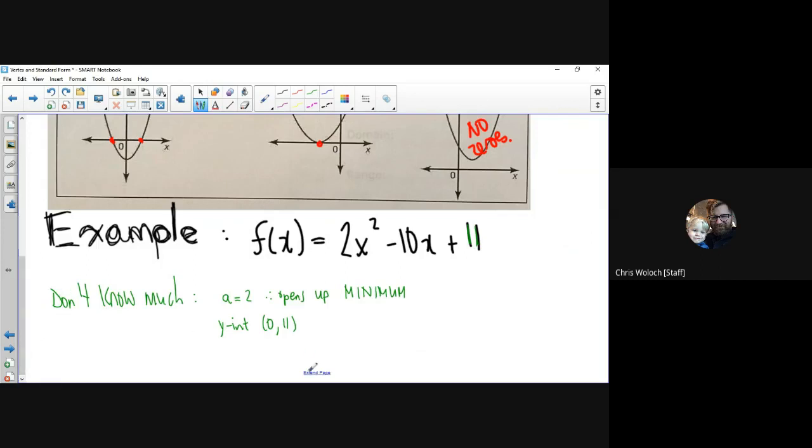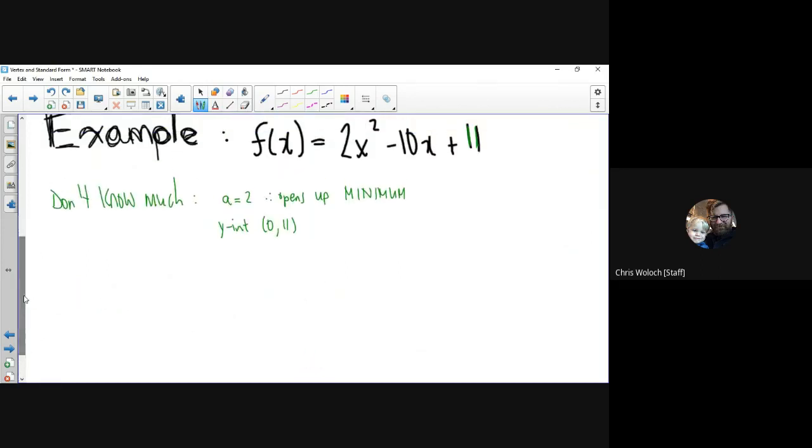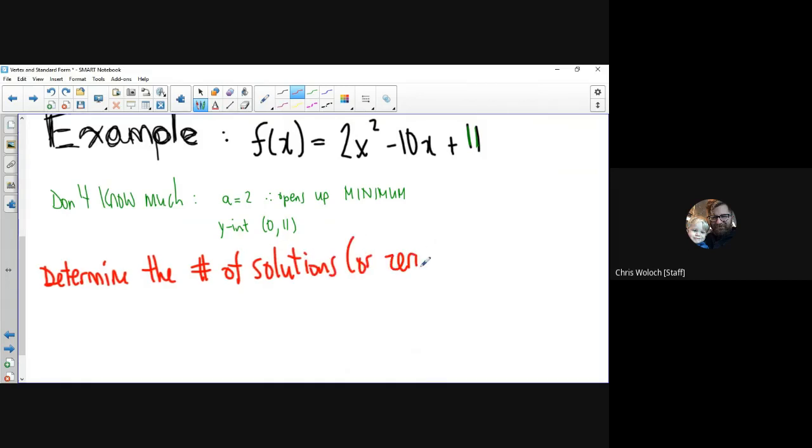But say you were asked to determine the number of solutions or zeros to f of x. Notice it's not asking for the zeros or the solutions, just the number.